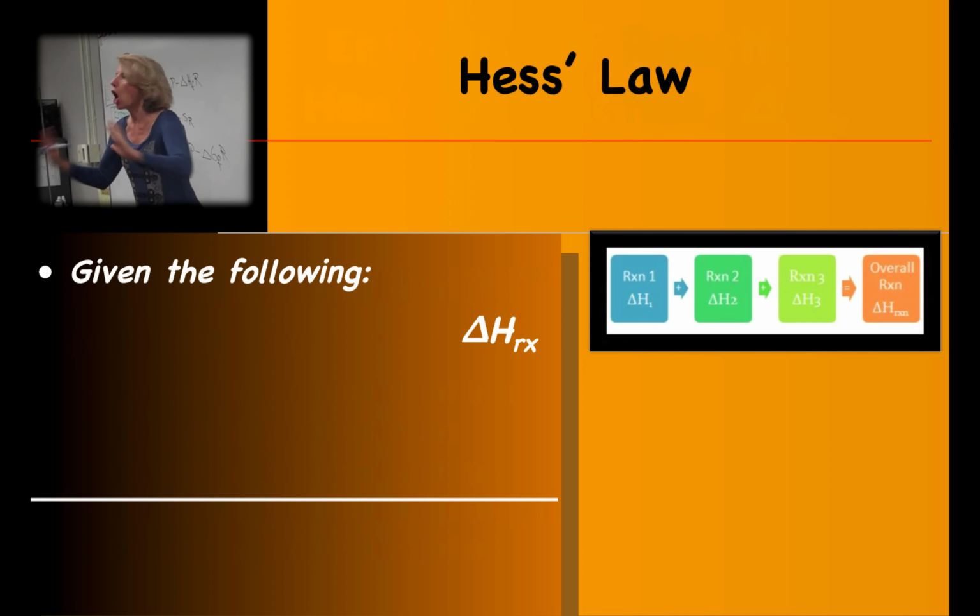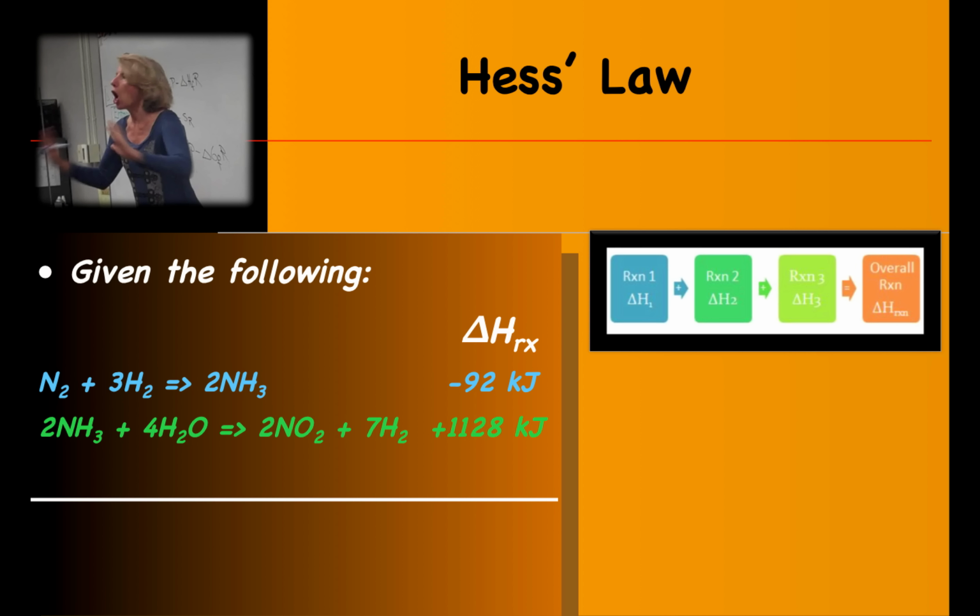Given the following, consider that the first reaction is this: nitrogen plus hydrogen forming ammonia with a delta H of negative 92 kilojoules. Now suppose this reaction then combines with reaction 2, which is this reaction right here.